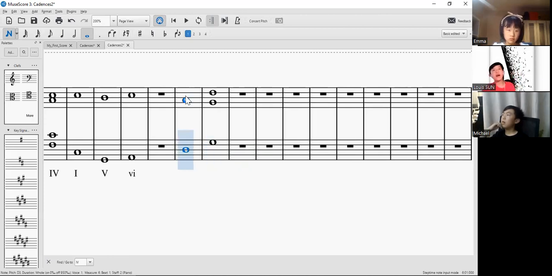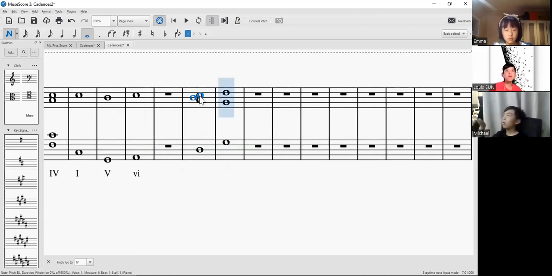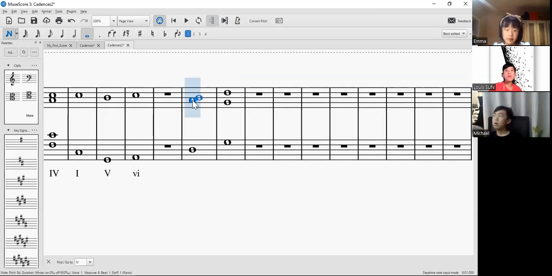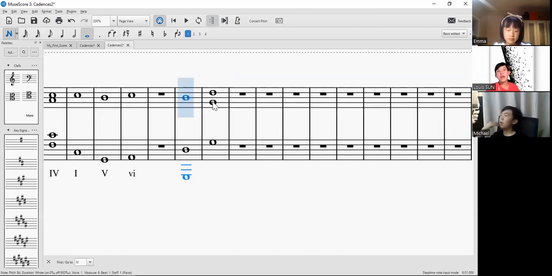I don't know how to demonstrate this, but let's just suppose that was a B somehow. It's not any chord in particular.